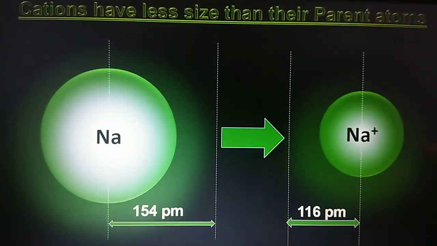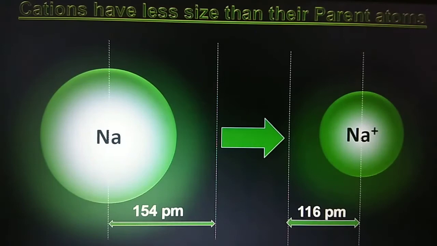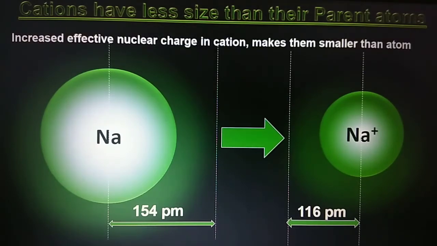This will increase the effective nuclear charge, and that effective nuclear charge will squeeze the electron cloud, and therefore it will reduce the cationic size. So it is very important to understand that cations always have smaller size than their parent atoms. And what about anions, right?